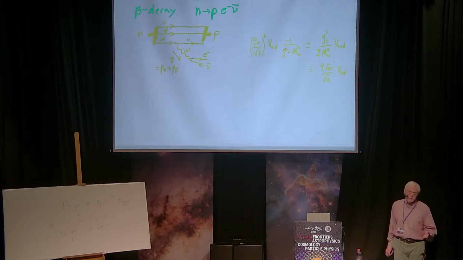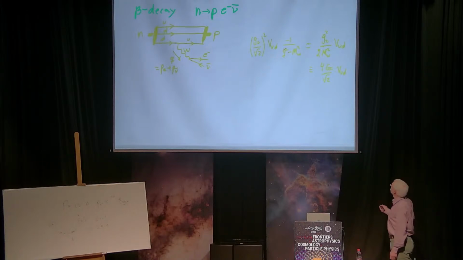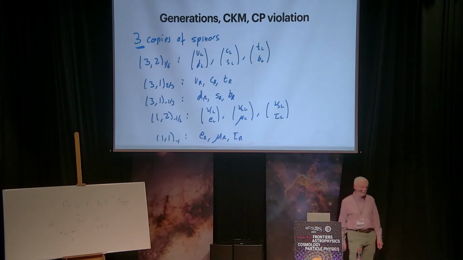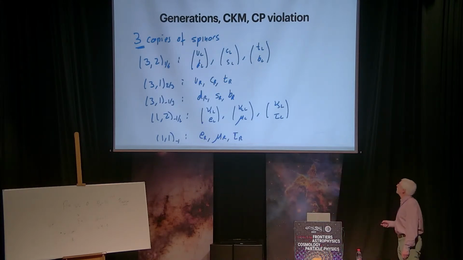You might have actually been introduced to weak interactions by talking about four fermion interactions and the Fermi theory. And that's exactly how you'd recover the Fermi theory from the standard model, by doing this type of approximation. But I have to move on, and there's a lot of really good stuff coming.